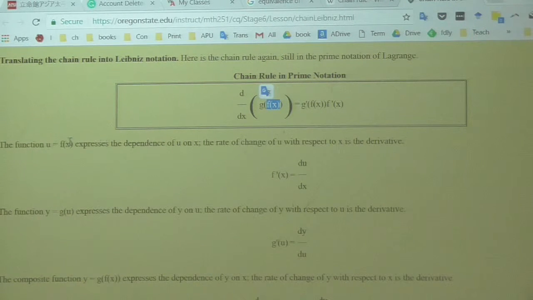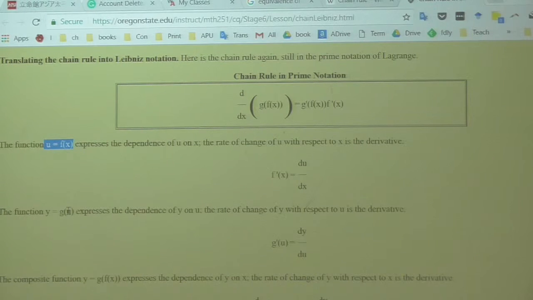This says that u depends on x. So the rate of change of u with respect to x is the derivative, f prime. So that's du dx. Okay, now I did that part already.